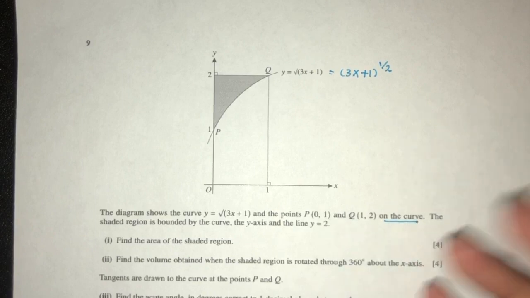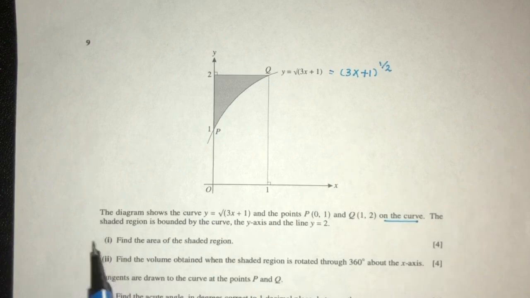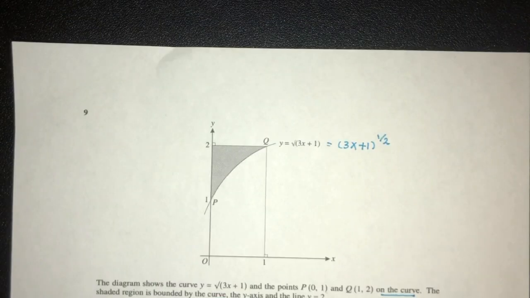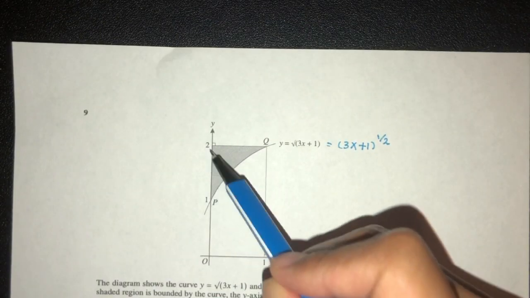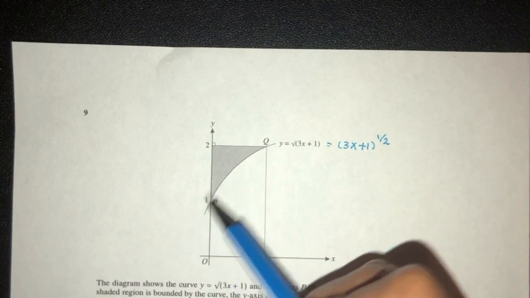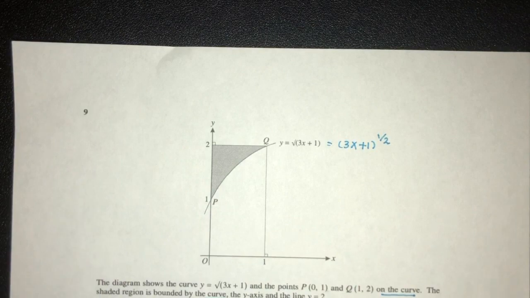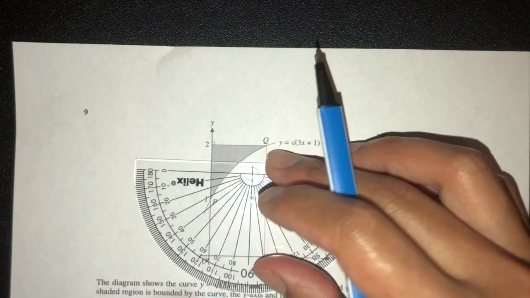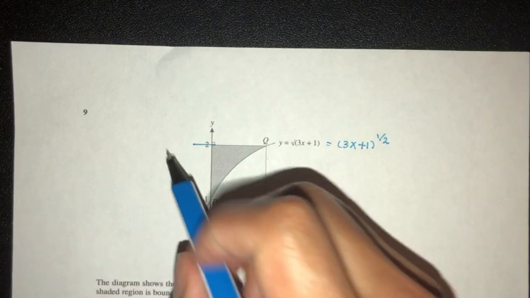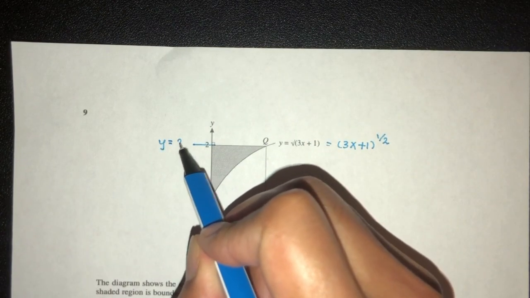These are the given values that we might use sometime later.